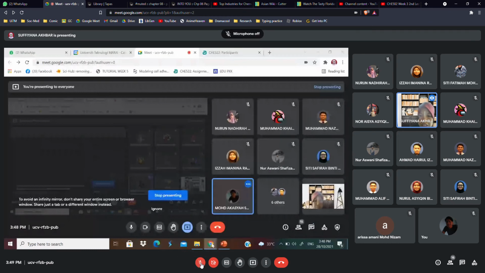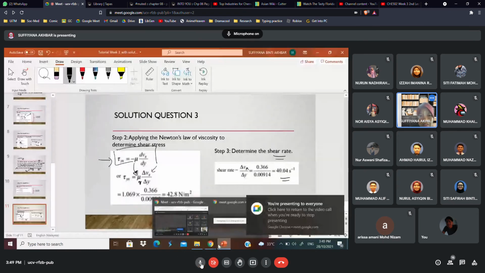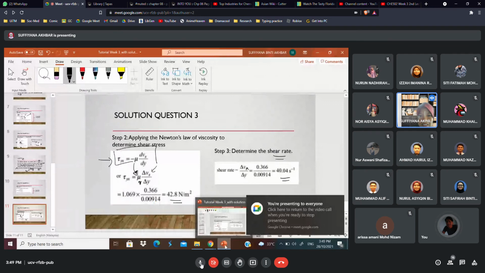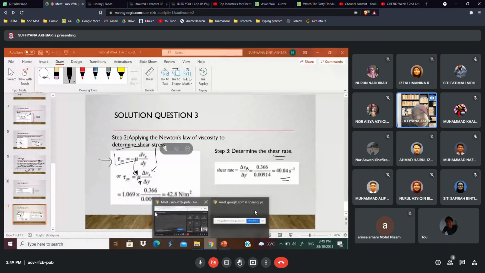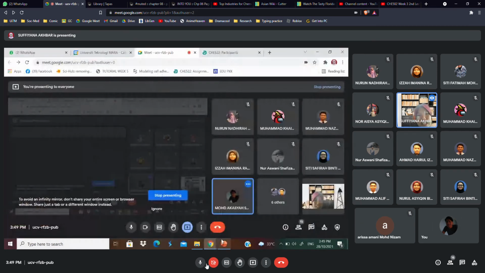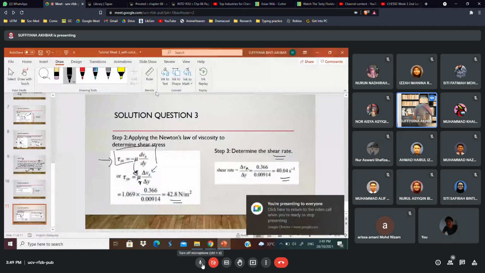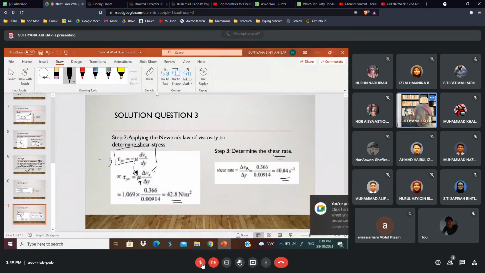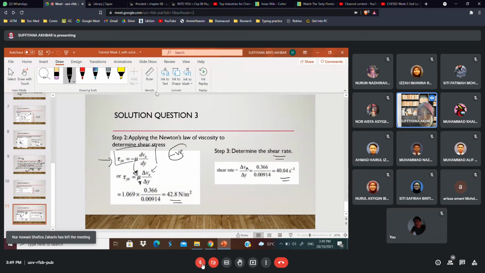Is it positive or negative? It's negative. So how does it become positive? Your answer is very near actually, because the velocity gradient is negative, that's why it becomes positive. Kenapa? Pasal dia negatif ni. Kenapa jadi positif kat sini?